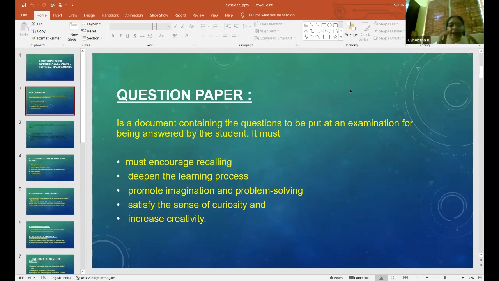Whenever they read the words in the question paper, it must be easily worded so that they can reconnect with the concept taught in the class, and it should deepen the learning process, promote imagination and problem solving.